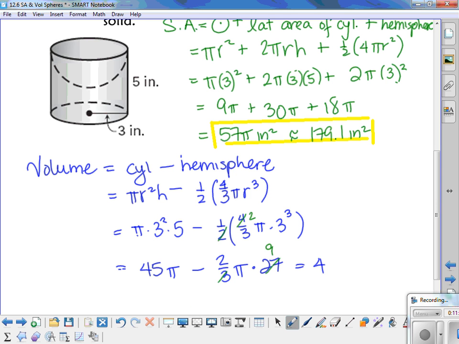So then I have 45 pi minus 18 pi. And so the exact volume would be 27 pi inches cubed. And the approximate volume would be 84.8 inches cubed.